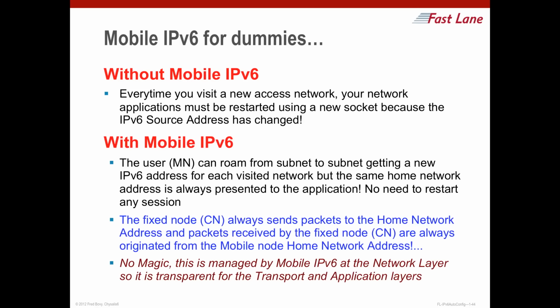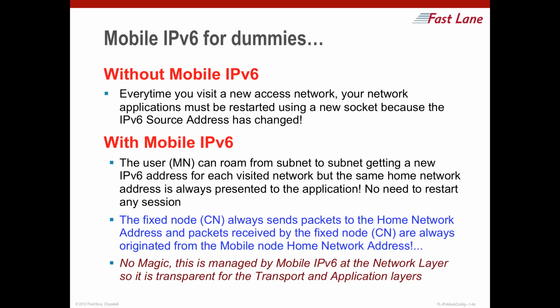With mobile IPv6, you get a new address, but for the application, it is always the home address which is presented. So for the application level, it is exactly as if the mobile node was never moving from its home network.